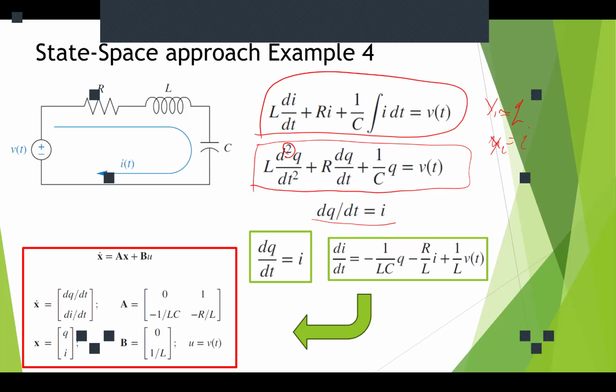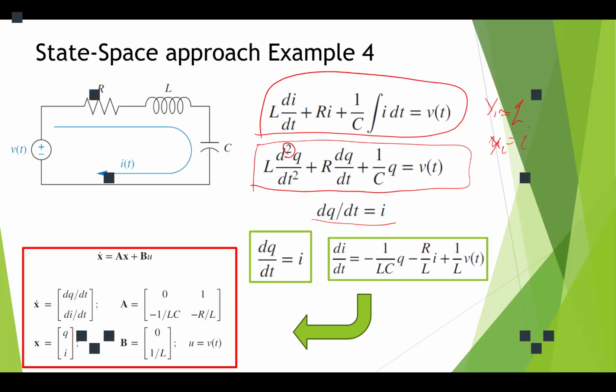Any questions so far? Now, you can see that in this specific example, my state variables are actually physical components. That does not mean you are always going to have that privilege.